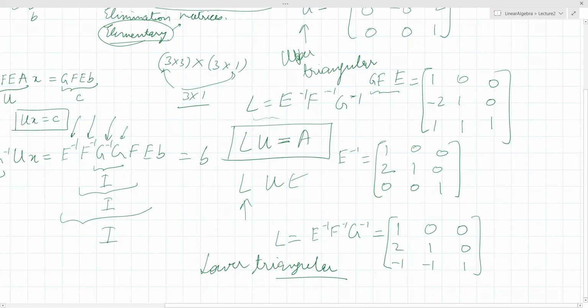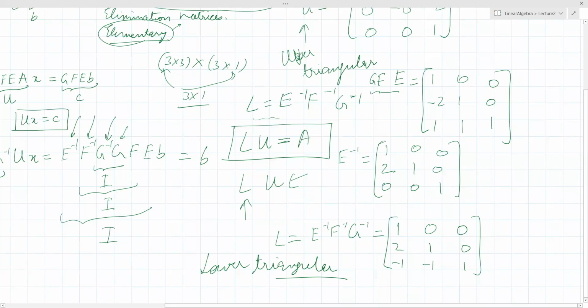Anybody has a question here? I know it was quite a lot to digest, but hopefully you were able to understand the steps and the logic behind this whole thing. Have you ever seen this LU decomposition before, earlier in your life? You might not have, but you might have heard of the term LU.